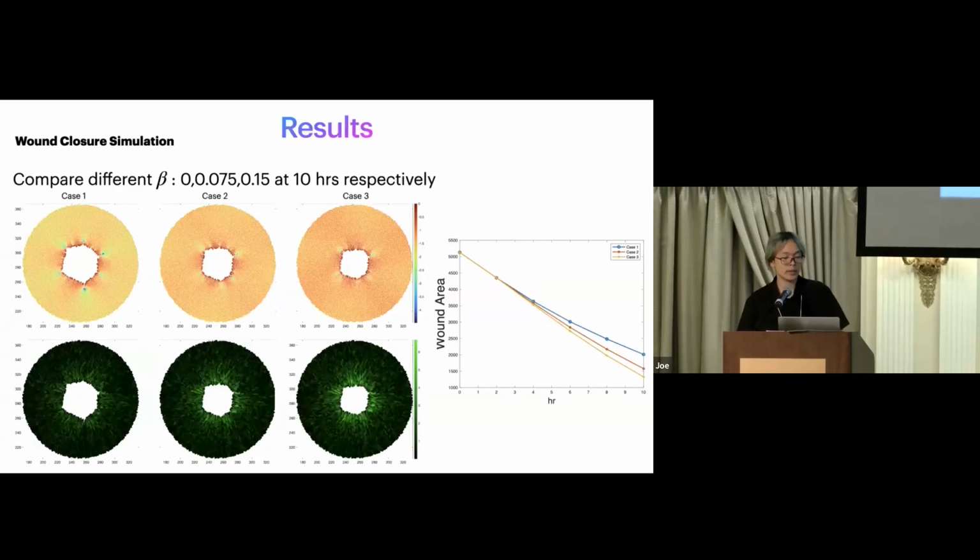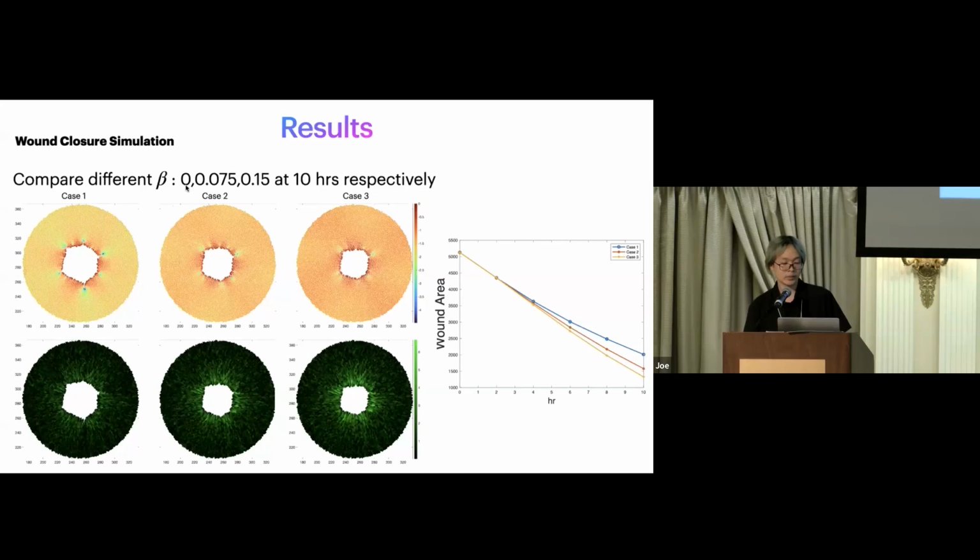Then we also try to study the beta parameter, which is the rate of rearrangement. And so it's obvious that when you increase this beta, in the snapshot here taken at 10 hours, the wound size is actually smaller, indicating that the tissue is more fluid.